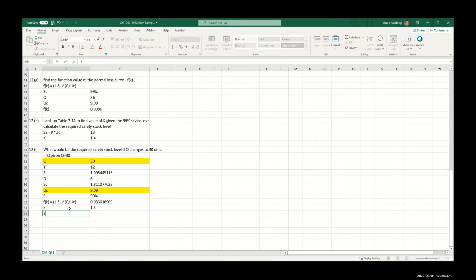So then safety stock equals K times uncertainty, would be 1.5 times 9. It's about 1 unit more.